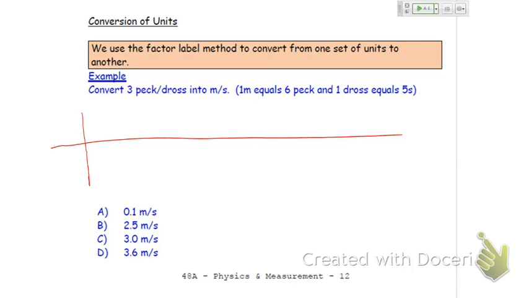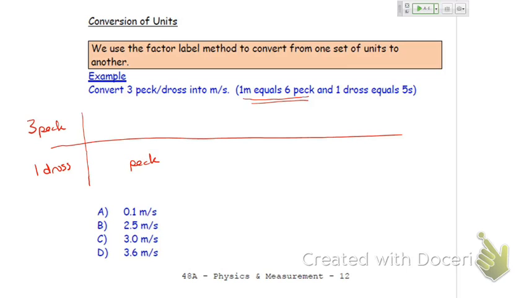I've made up some units here. I have 3 pecks per dross. That's 3 peck over 1 dross. I want to turn it into meters per second. Well, I tell you that 1 meter equals 6 pecks. I don't want to have pecks in my answer. I want to get rid of the pecks. Pecks is on top, so you put peck on the bottom.